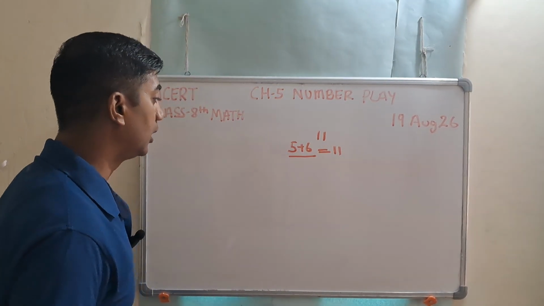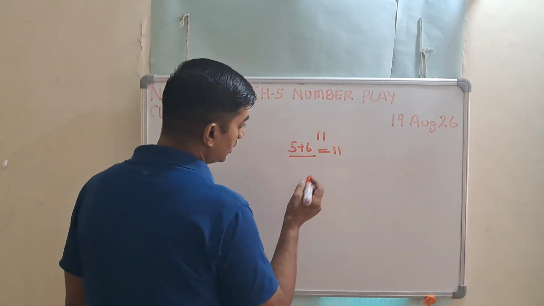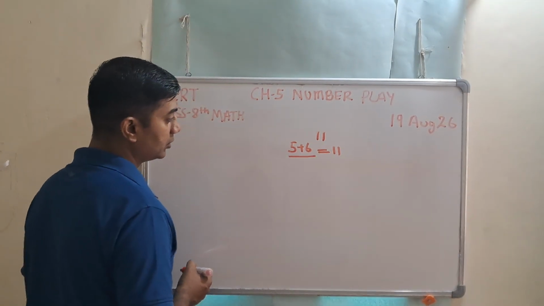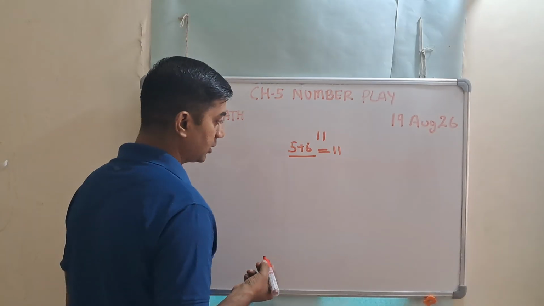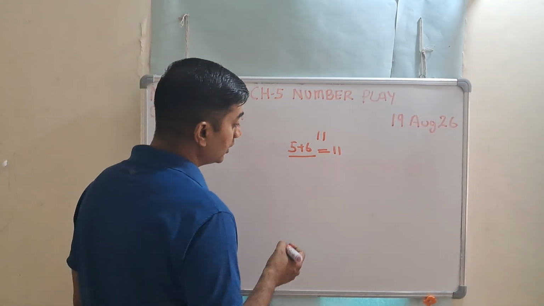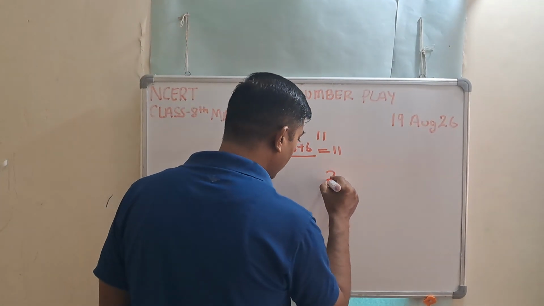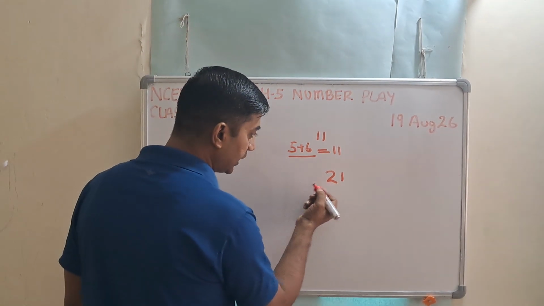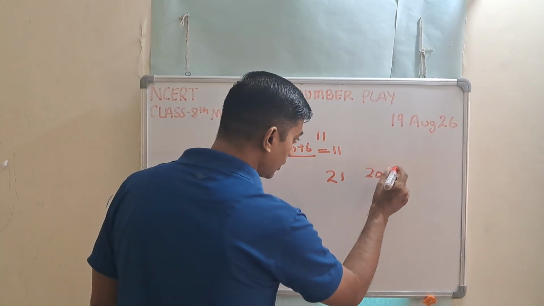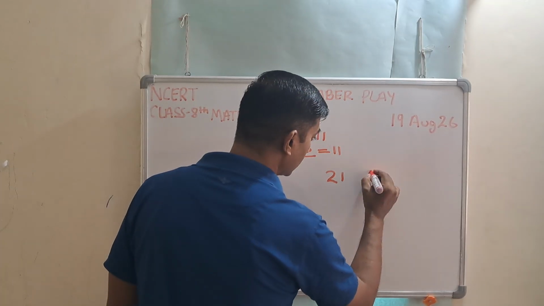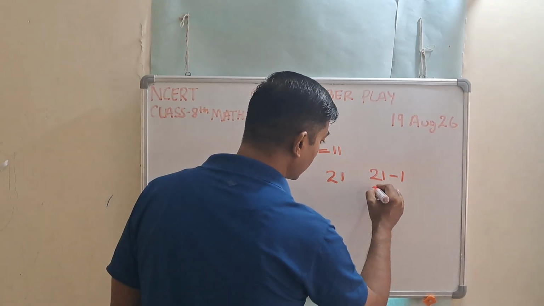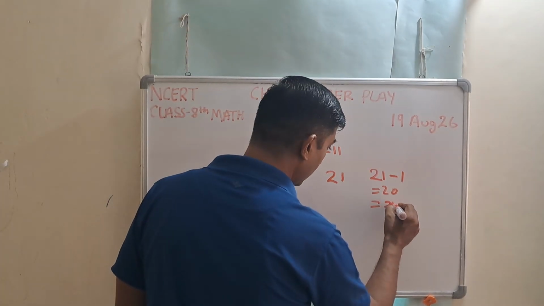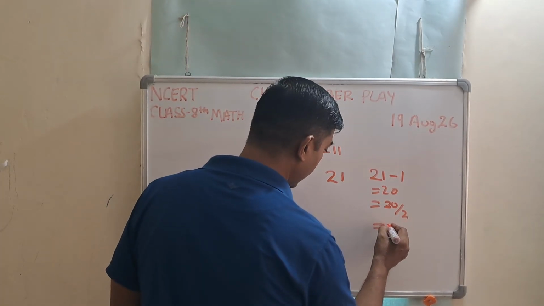Understood? Or we can do this: just reduce the number by 1 and halve it, and you will find the consecutive numbers. In the same way, take an odd number like 21. 21 minus 1 is 20, and half of 20 is 10.